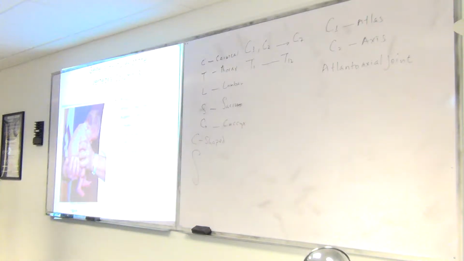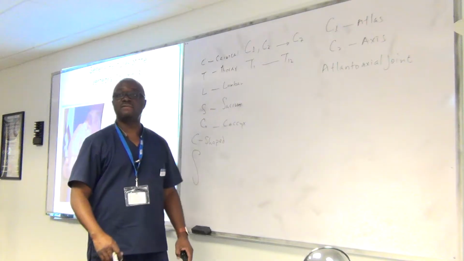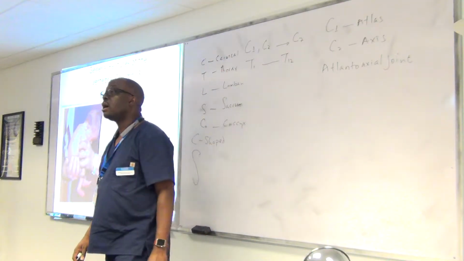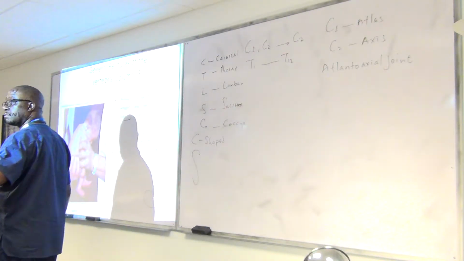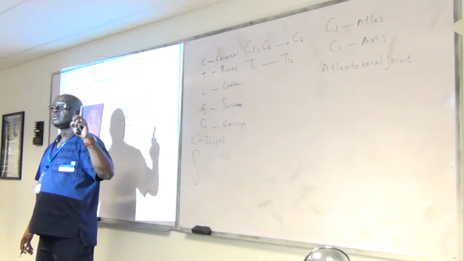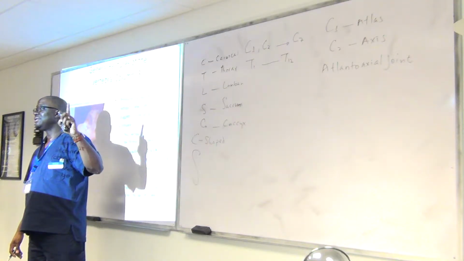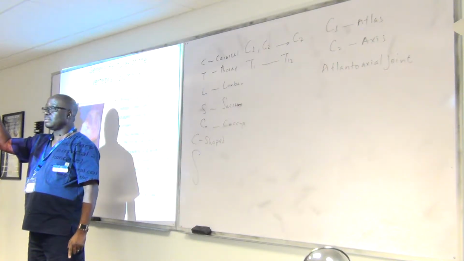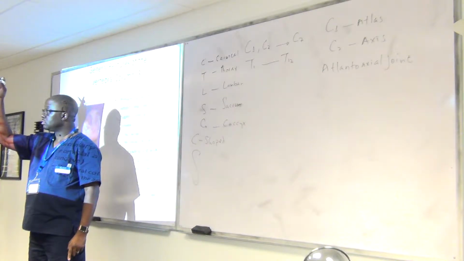So what are the different spine deformities that we can see in a patient? Scoliosis. The one with the hunchback. All right, hold on. We got scoliosis, number 1. Kyphosis, number 2.